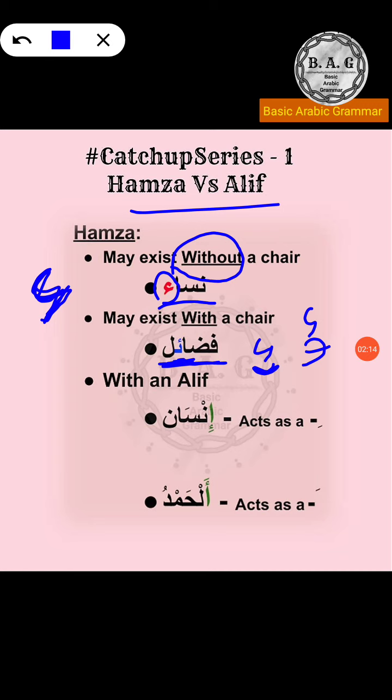It doesn't need any support. And the last possibility is that it could be on top or at the bottom of an alif. As you can see here in the word insana or insanu, or in the word alhamdu, we can see that Hamza is with alif.